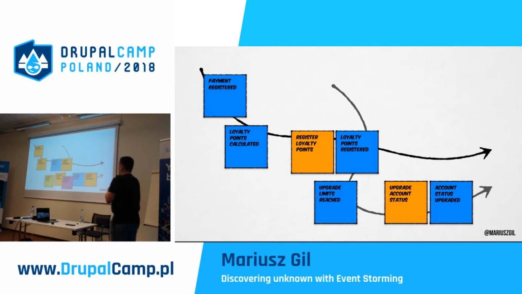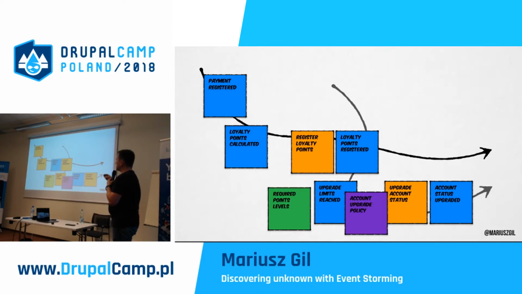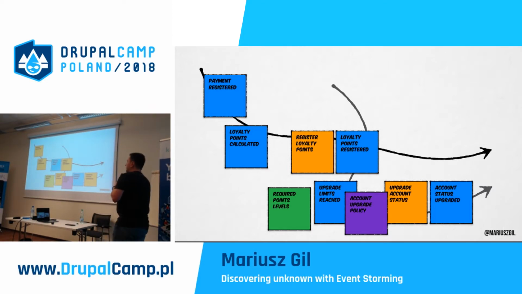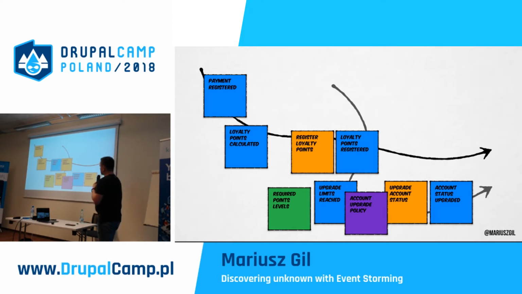So, for example, when you've got information that some points were registered into the account, and maybe the upgrade limit was reached, you need to have information about what the limits are for a particular level in your loyalty program, and if the limit was reached or exceeded, you need to, for example, upgrade your account.